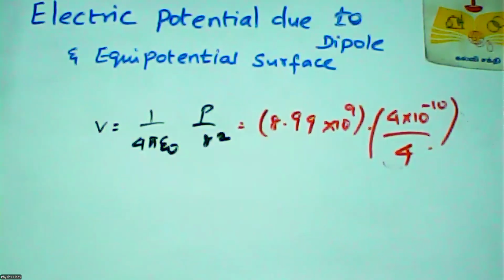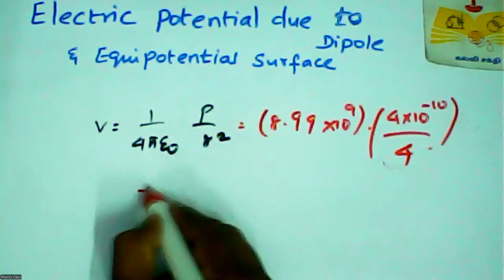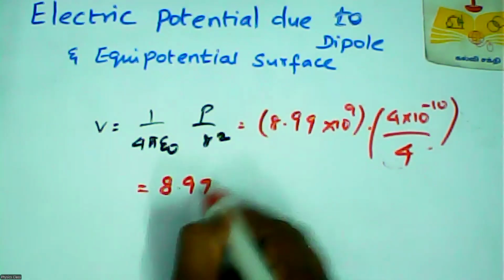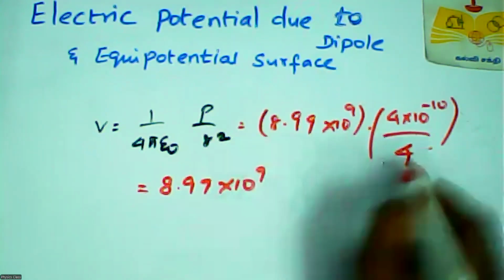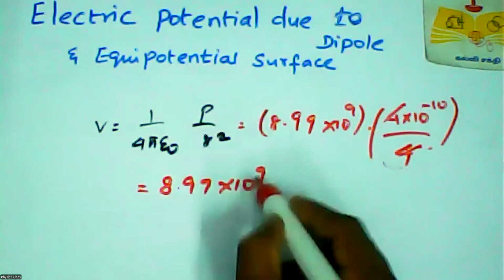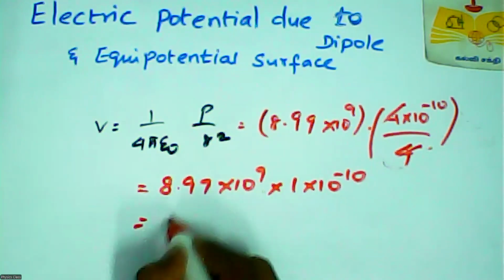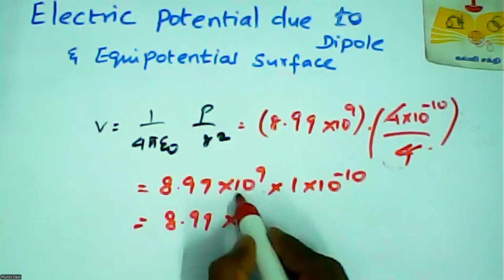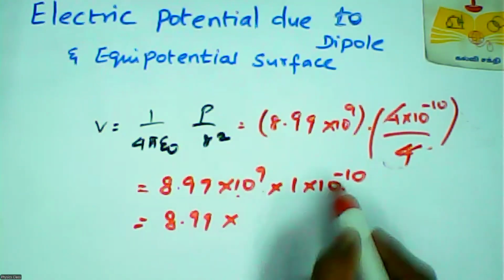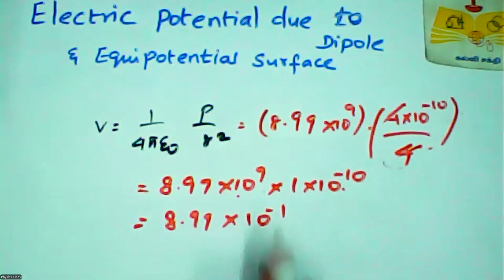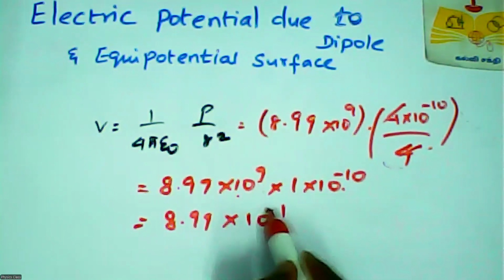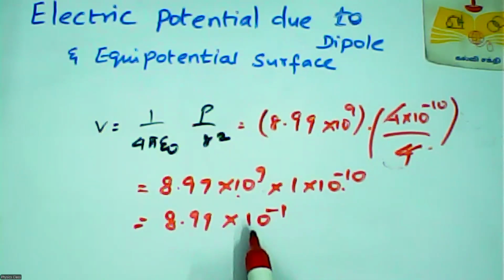So 4 by 4 is 1. So 8.99 into 10 power 9 into 10 power minus 10, so we will get 10 power minus 1.